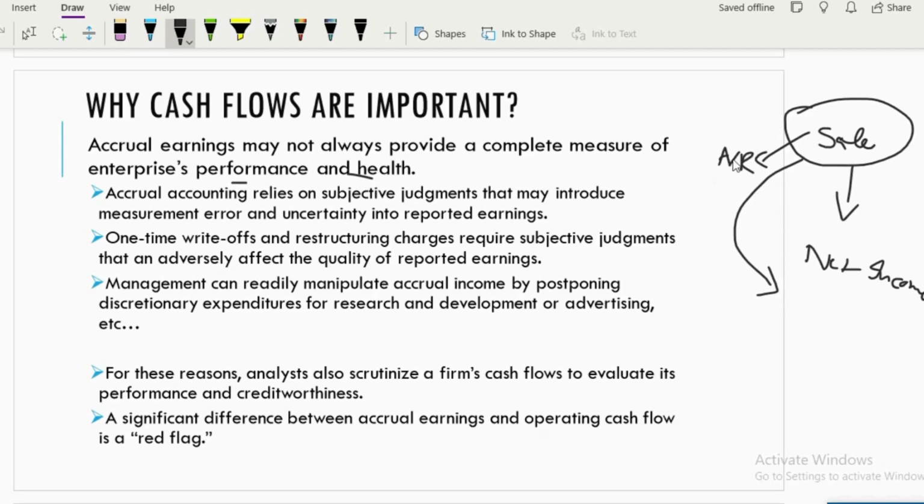So maybe all these accounts receivable are near to bad debts. We cannot truly rely on the income statement to check the financial health or performance of the company. We really need to look into the cash position of the company.